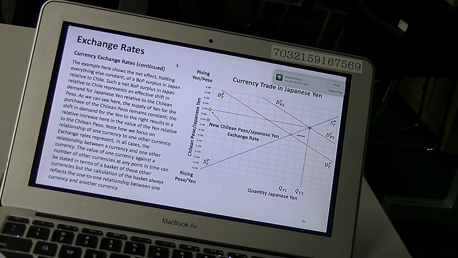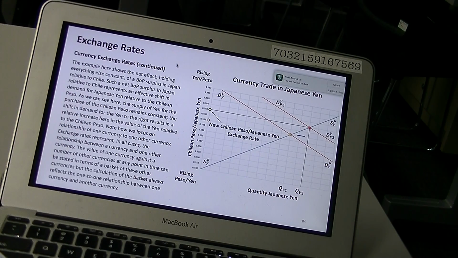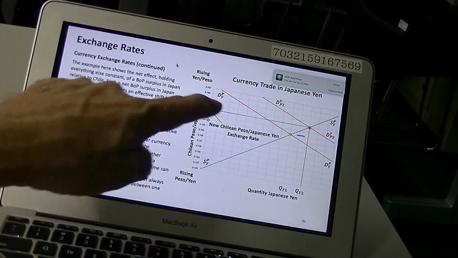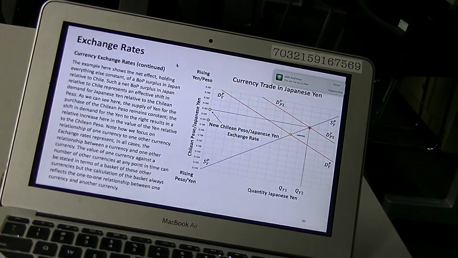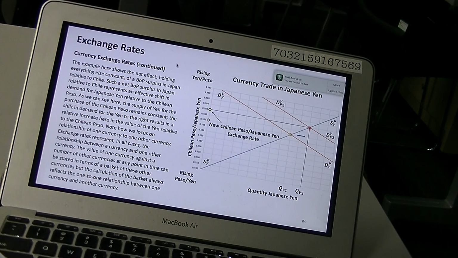So there's basically a shift in demand for Japanese yen relative to the peso, and there's a relative increase in the value of the yen relative to the peso. That's a shift in the demand curve for Japanese yen.